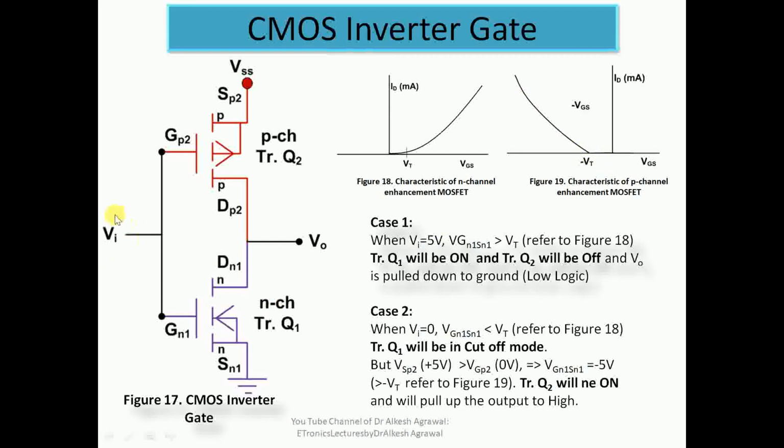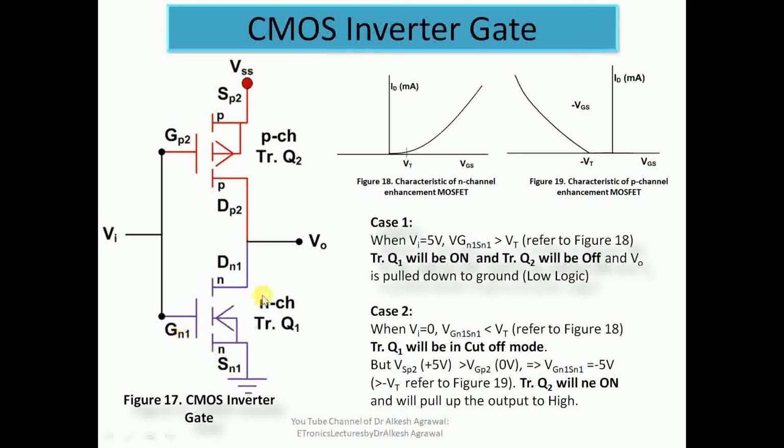So when Vi is given plus 5 volts, greater than the threshold voltage, you can refer to figure number 18. In that case, transistor Q1 will be on and transistor Q2 will be off. When transistor Q1 is on, the output will be pulled down to ground, and we get a low logic output. But in the second case, when Vi is given 0 volts.